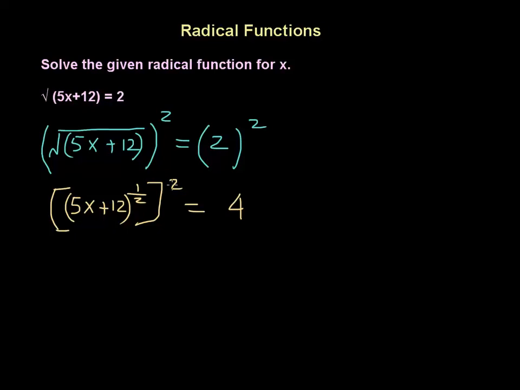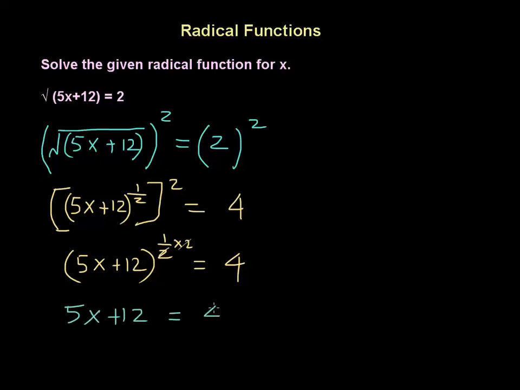The power of a power is multiplied, and that cancels out because half into 2. So we get 5x plus 12 to the power of 1 by 2 times 2, and the 2 and 2 cancel out. Finally we get 5x plus 12 is equal to 4.